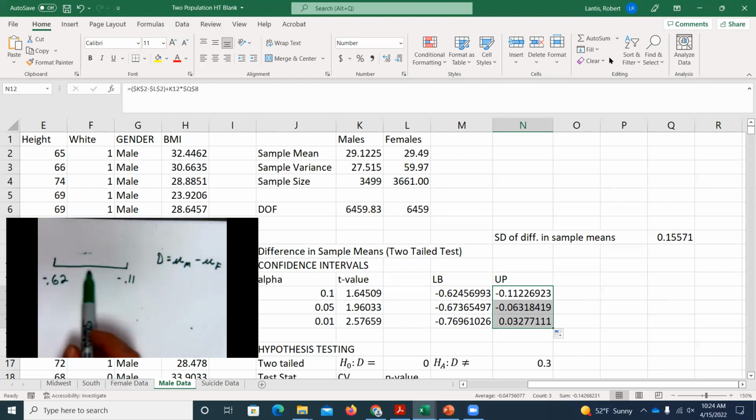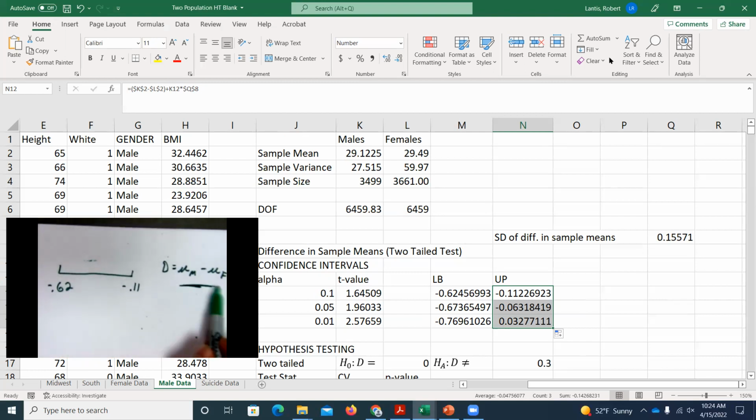So at the 90% confidence level, what can I say about this difference? Well, I can say that with 90% confidence, it is a negative value, which the only way that happens is if the average female BMI is greater than the male BMI. So with 90% confidence, I could say that the average female BMI is greater than that of males.